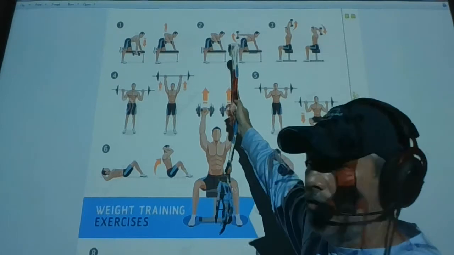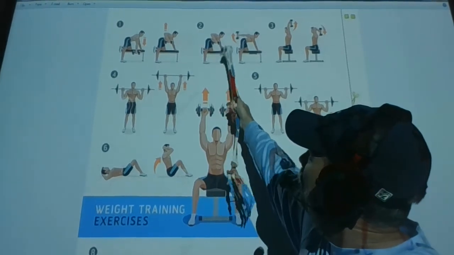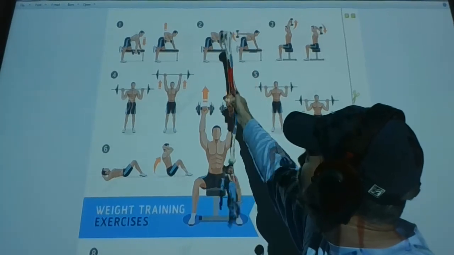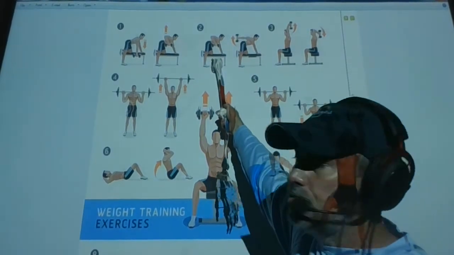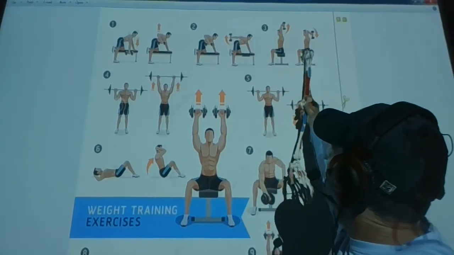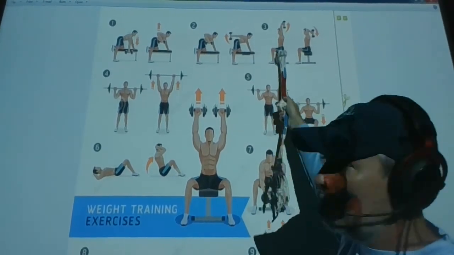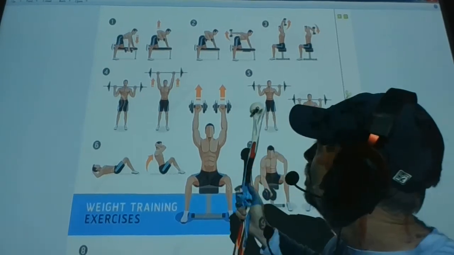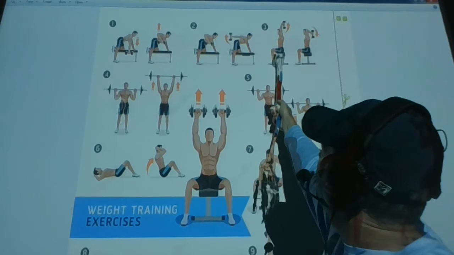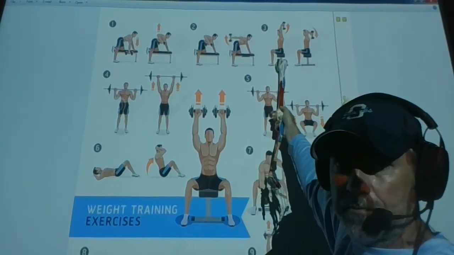Here to here, right elbow extension, right elbow flexion. Here to here, bilateral, both sides. This was his right, this was his right. Now this is his right and left.